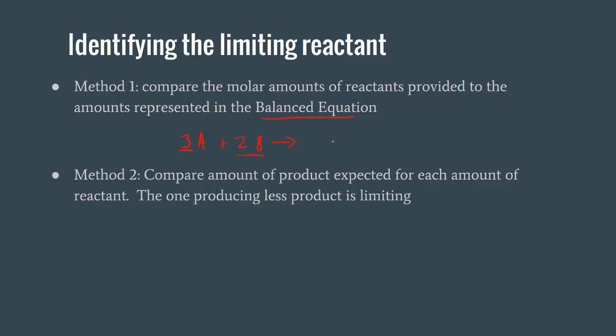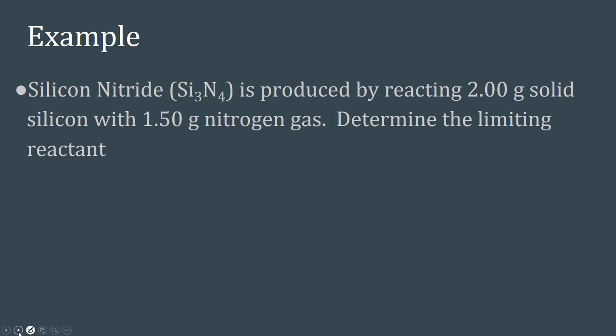So if we're getting AB, and B produces more with the 2 moles than 3 moles of A does, then we know that our 3 moles of A would limit. So we're going to look at a couple of those examples so I can show you what I mean.